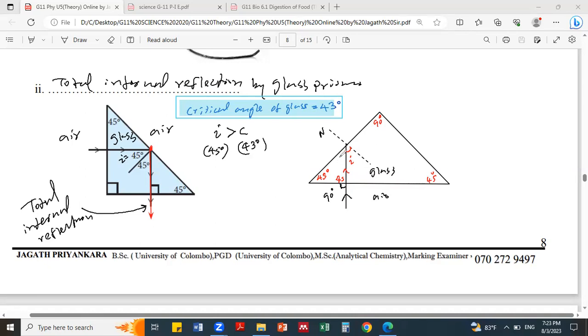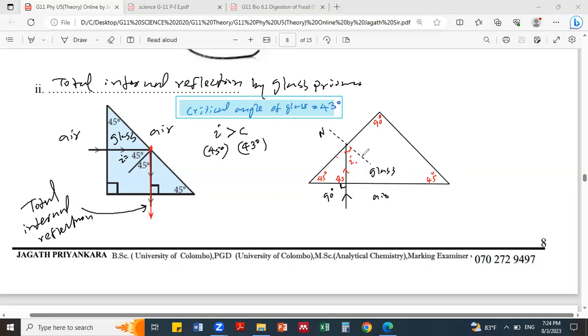Simple I is 45. Sum of these two should be 90, right? Because this is 45 again. Wait. I'll make a small correction. This one I'll make 45, 90. Should be 180, no?